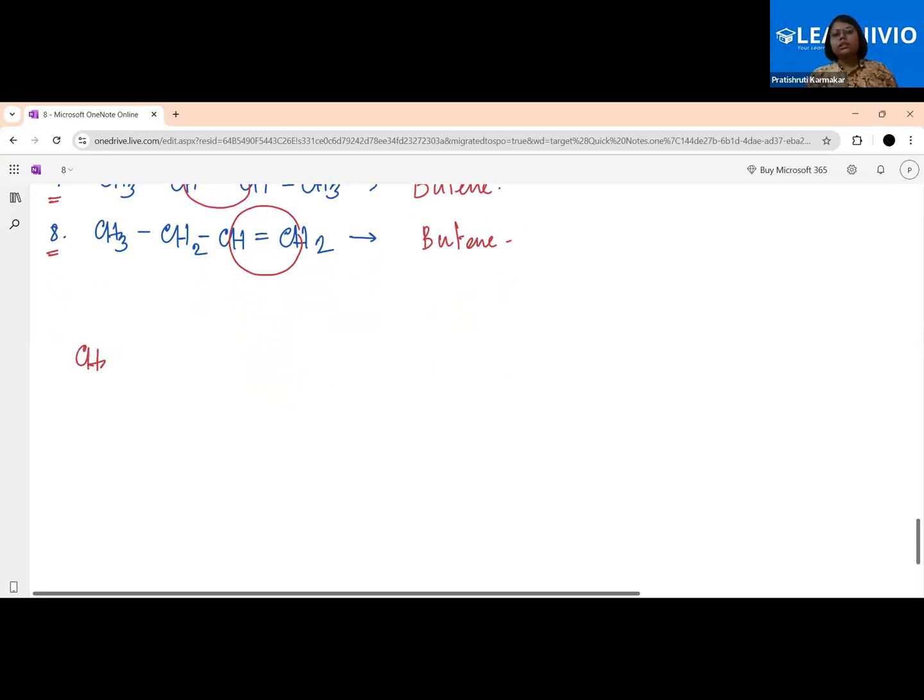the carbons. Let's draw the structure: CH3, CH, CH, CH3, and the other one is CH3, CH2, CH, CH2.